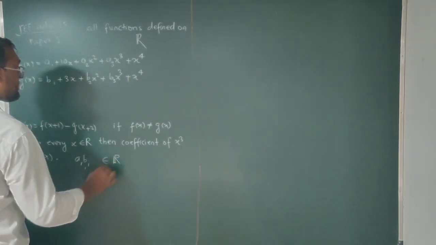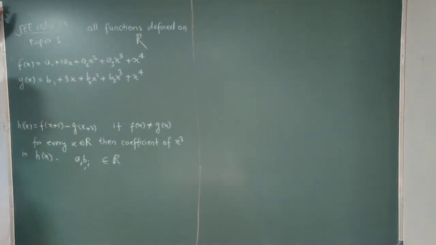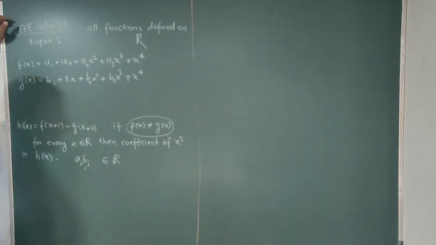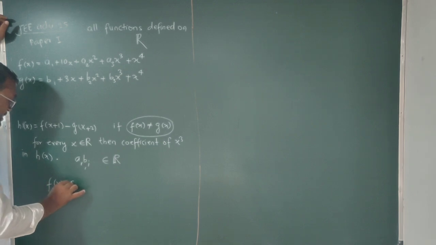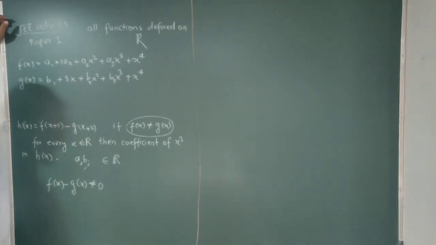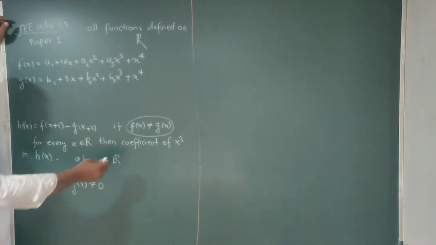Okay, all are real values. Now look at what we have given. If f of x is not equal to g of x, that definitely means f of x minus g of x is not equal to 0, right?